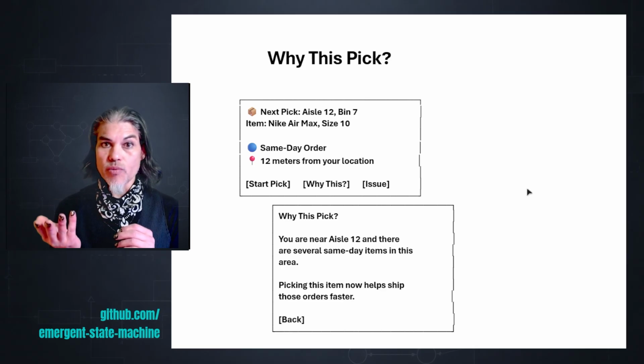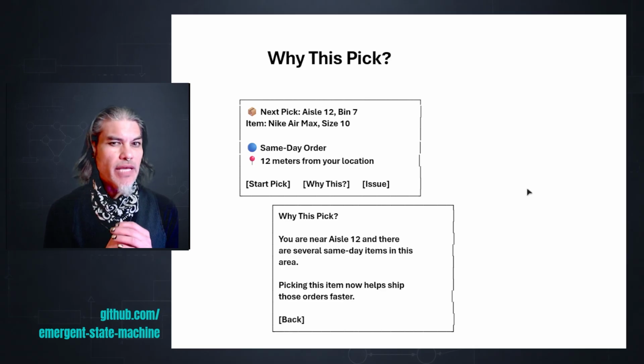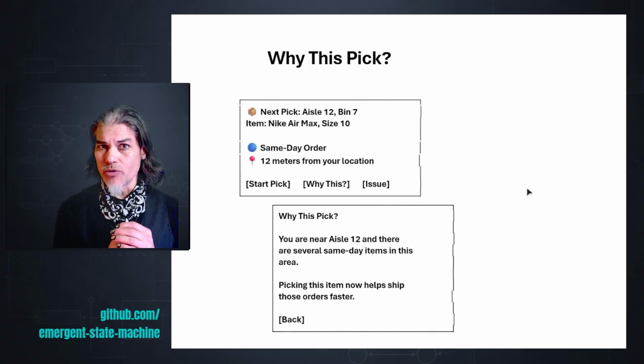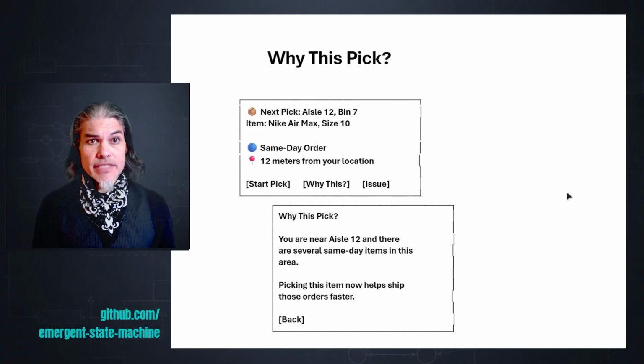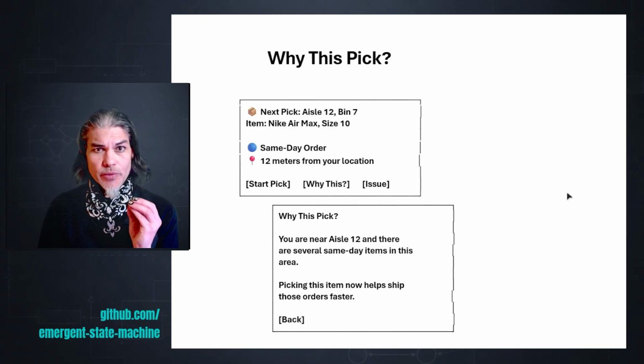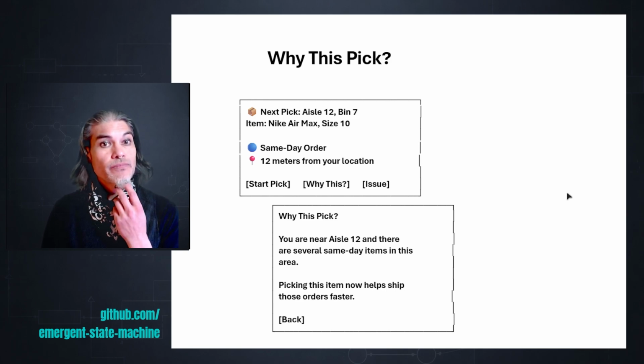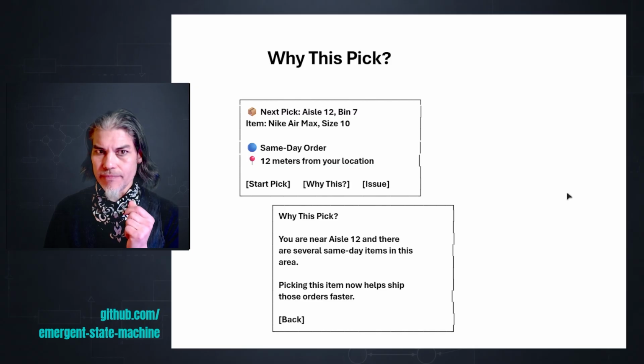You are near aisle 12, and there are several same-day items in this area. Picking this item now helps ship those orders faster. So now, instead of simply issuing commands, the device is able to give you an explanation.